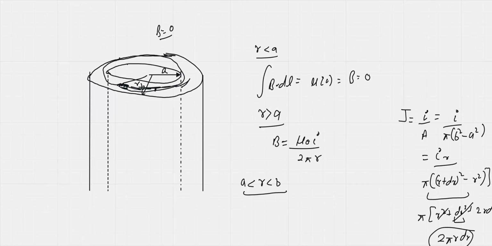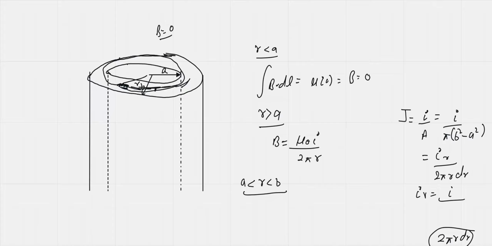So let's substitute it over here. The moment you do this, it becomes 2 pi r dr. So what is the value of I_r? It is I times 2r dr divided by b square minus a square. This is the value you are going to get.